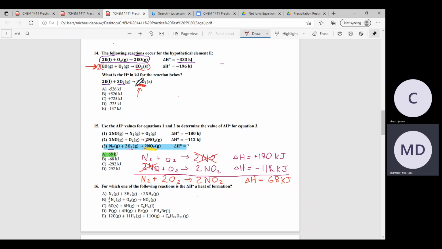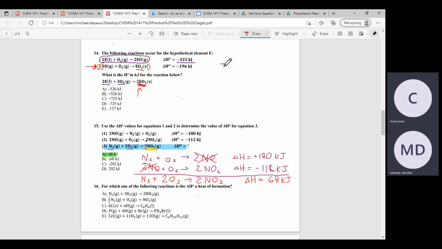Okay. Because, I mean, think about it. There's 2 EO3s in the overall equation, and therefore I need to get the second equation modified so that it gives me 2 EO3s. The only way to do that is to multiply it by 2.